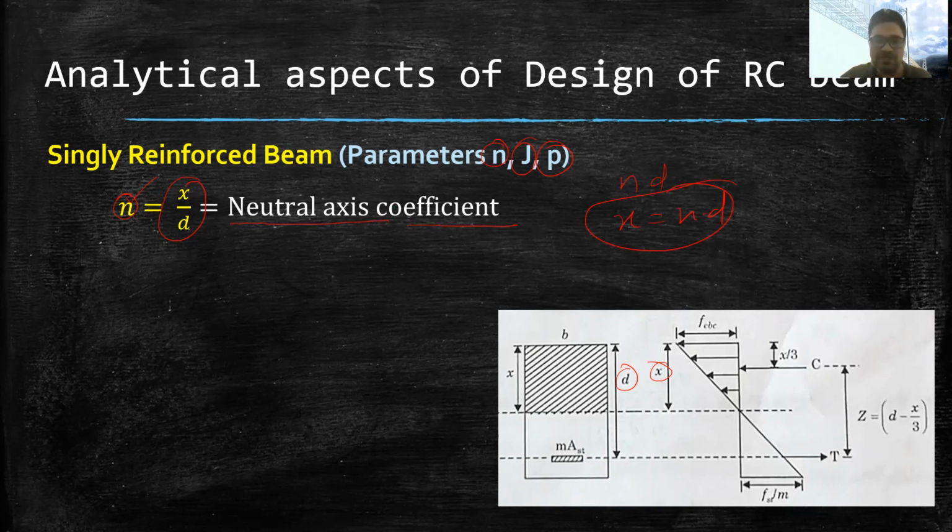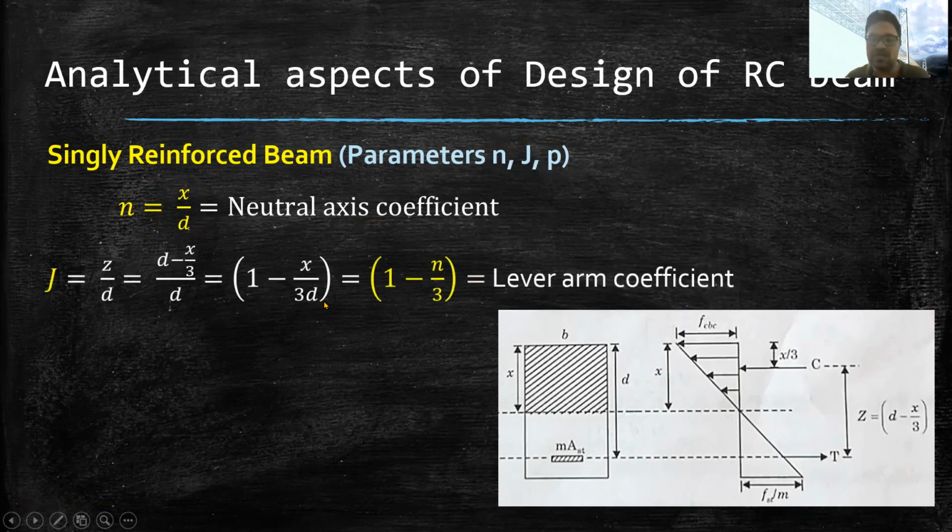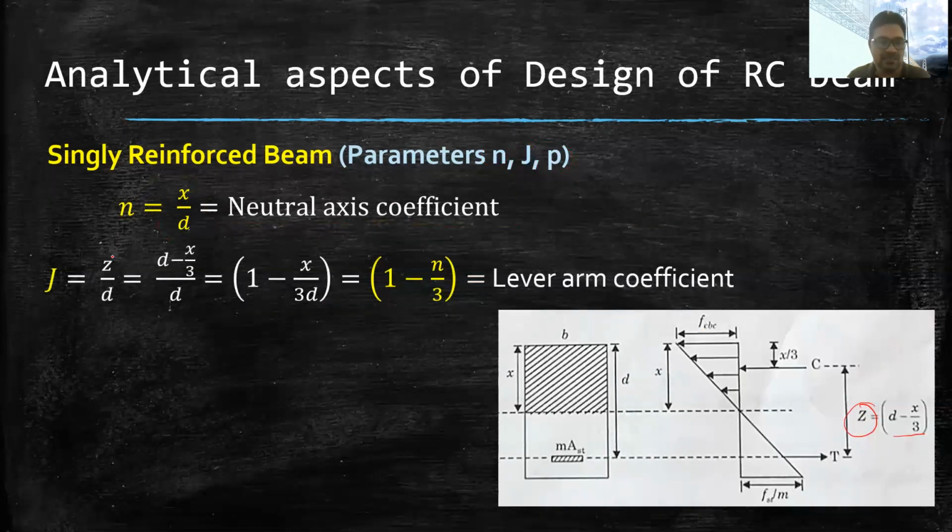Now another parameter is j. j is related to the lever arm. We have just seen that z is equal to d minus x by 3. Now j is the ratio of z by d, while n is the ratio of x by d.